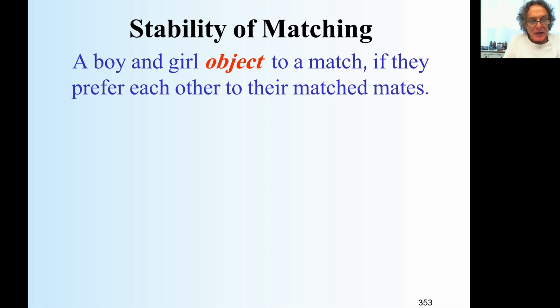So we can say even a boy and a girl that were not matched to each other object to a match if they prefer each other to their matched mates.